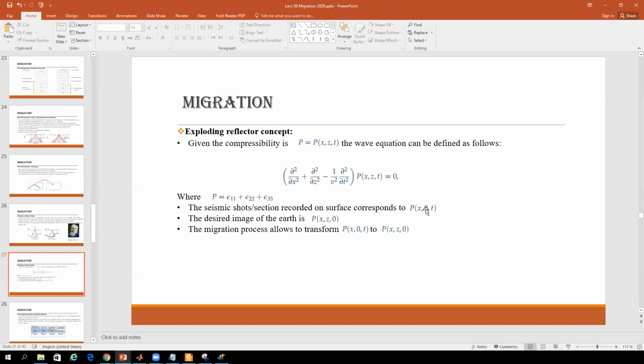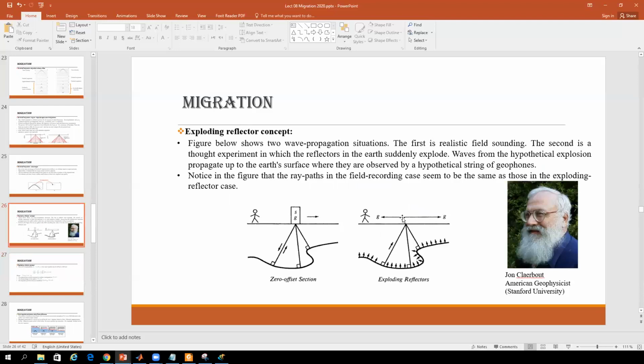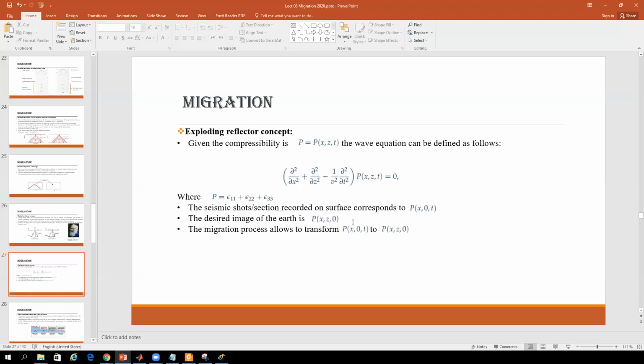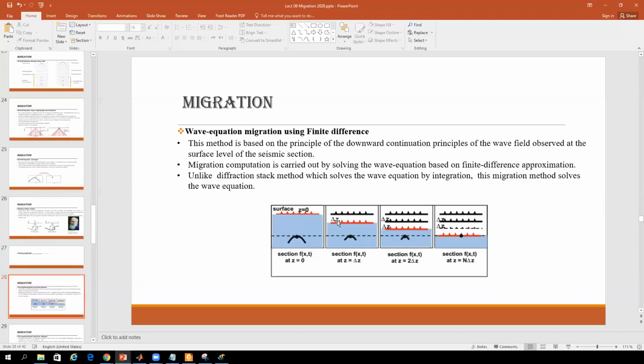What we try to do is solve the wave equation at 0 time, because we believe that at 0 time the seismic energy was at the exploding reflector. So if we solve the equation and find the solution at t equal to 0, then this will be the migrated section. So it's simple and easy.